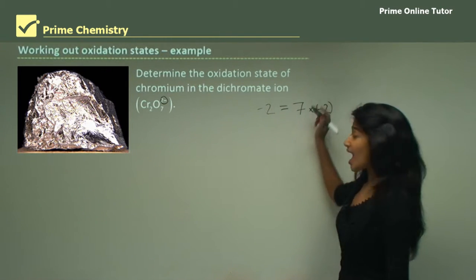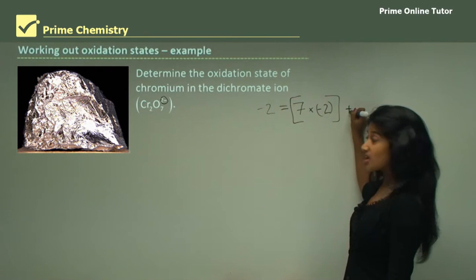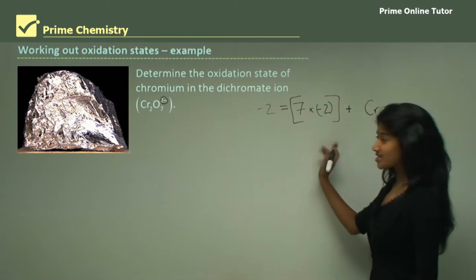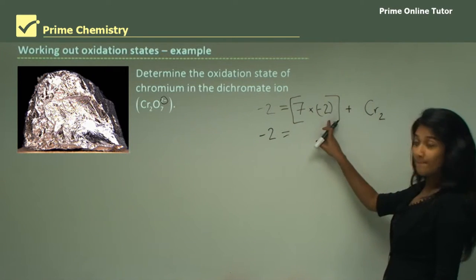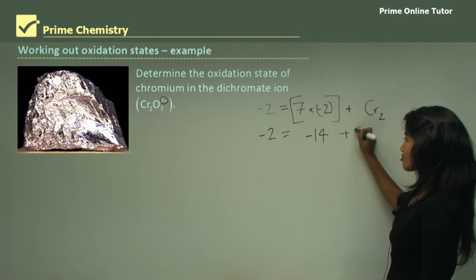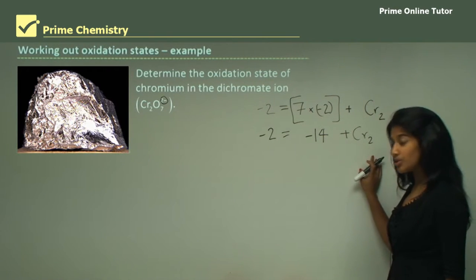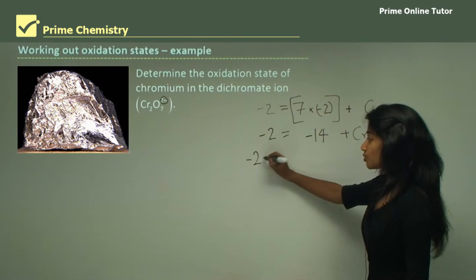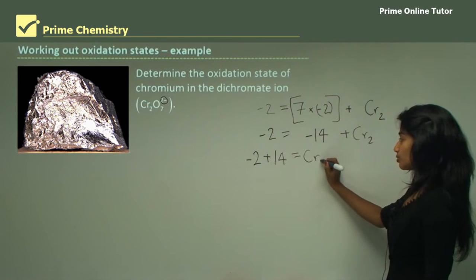Now this plus our chromium 2 has to equal the total charge. So if you work this out, you get -2 on this side, and then multiplying 7 by -2 gives you -14, plus our chromium 2, which we're going to isolate. To isolate the chromium 2, you would take this to this side, giving us -2 plus 14 equaling the chromium 2.